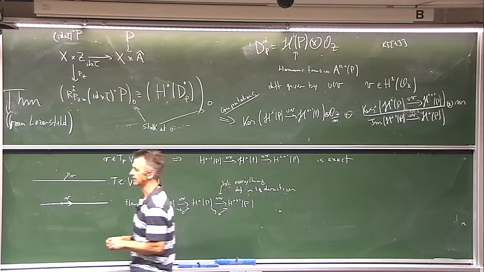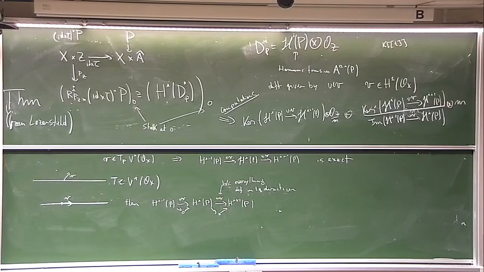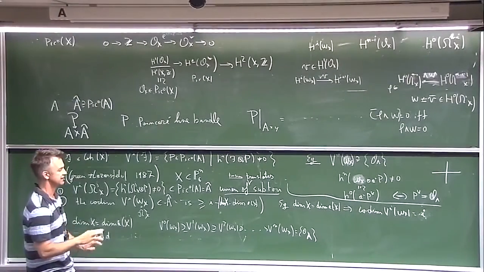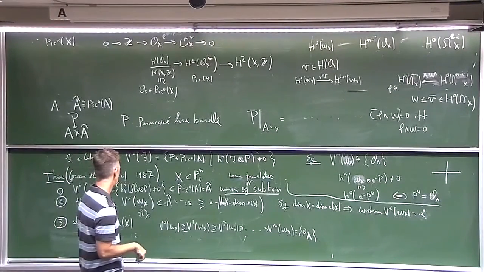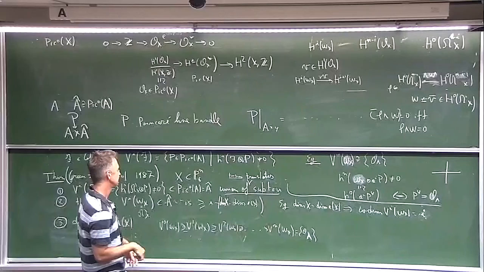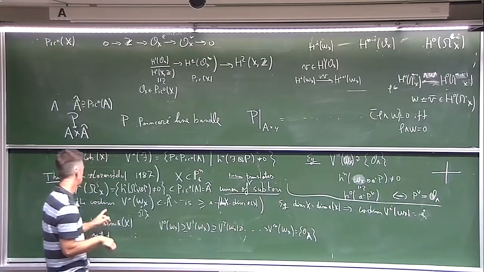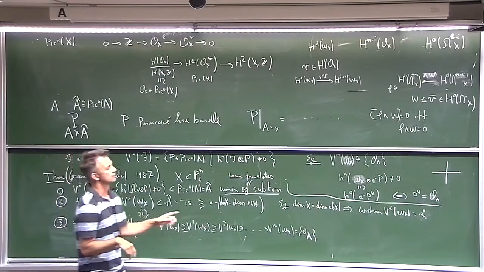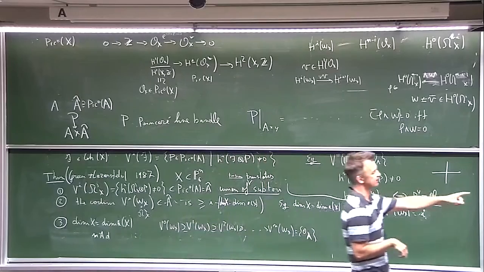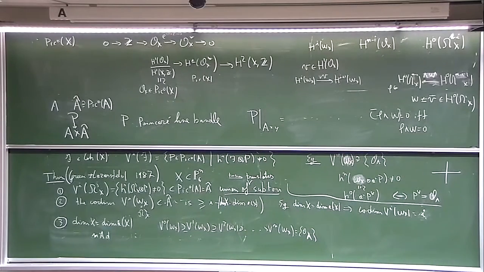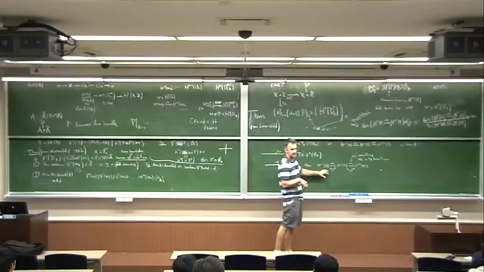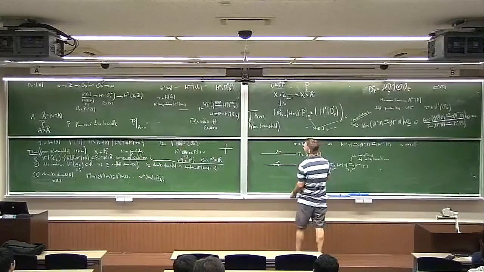Okay, so maybe I'll just show you how that implies these two statements, and then we'll stop. Here I've stated the statements in terms of cohomology groups with no canonical line bundle. You can do the same trick we did before.